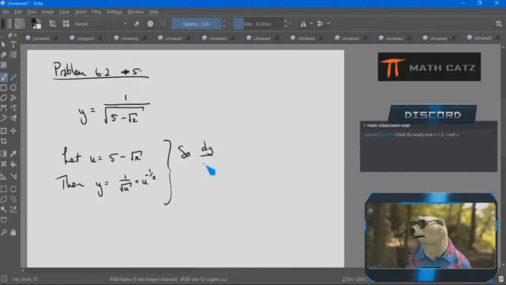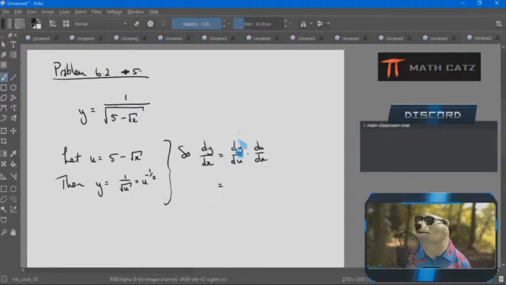We got an outside function. Outside function seems simple enough, so it's probably going to be good to go. Set up my chain rule. And if you're not sure how to set it up so quickly, just think of the fractions. They cancel and I get the original back. It's a little trick that I can use.